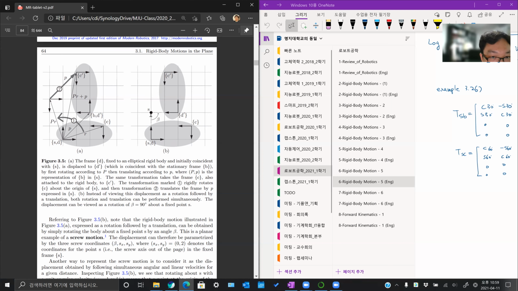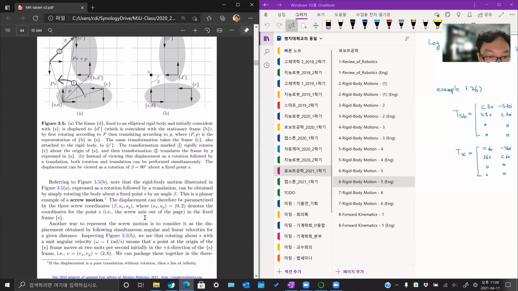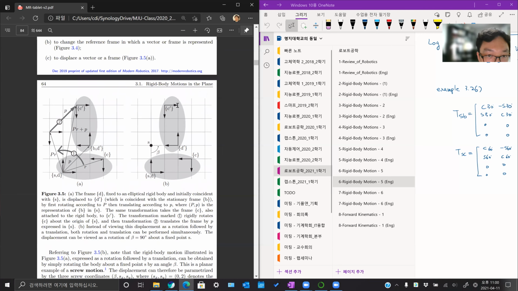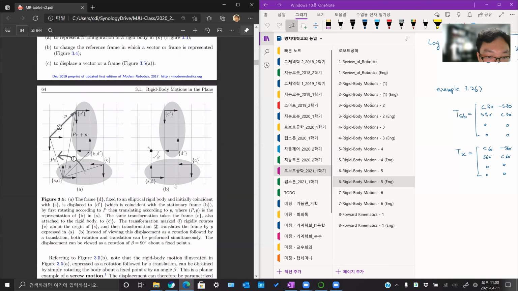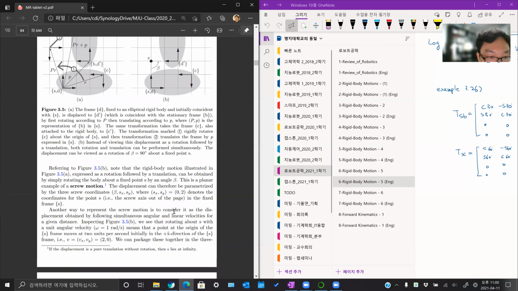And using this screw motion, screw is some kind of screw. So rotate like here, 90 degrees. It becomes this rigid body, moved to this one. So if we know the 90 degrees and (0, 2), then we can represent this rigid body motion.